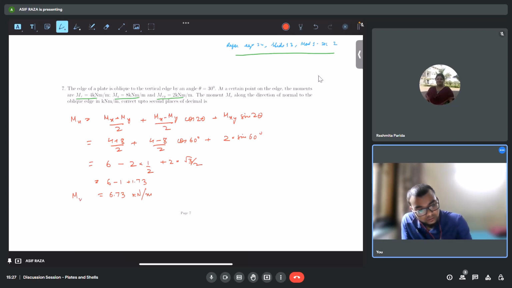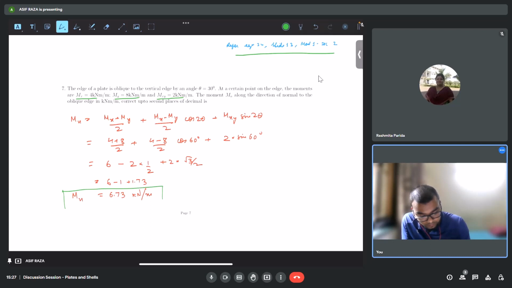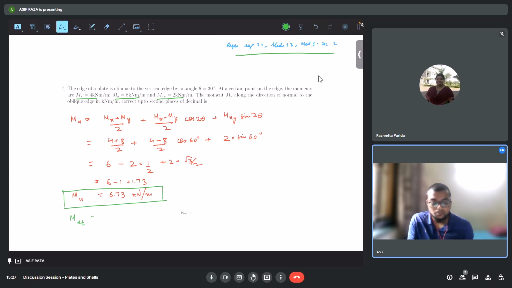This is my answer. So this is the answer to this question. You can further find the value of Mnt with the formula minus of (my minus mx) by 2 cos 2 theta minus mxy sin 2 theta.